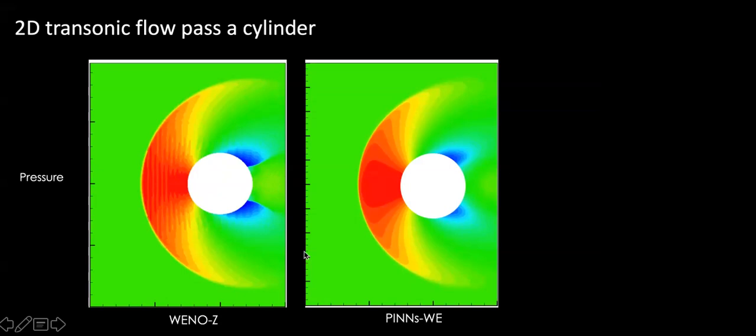When we compare velocity, we can get very similar, smoother results in some regions than WENO.